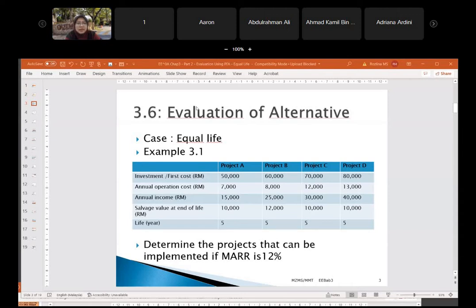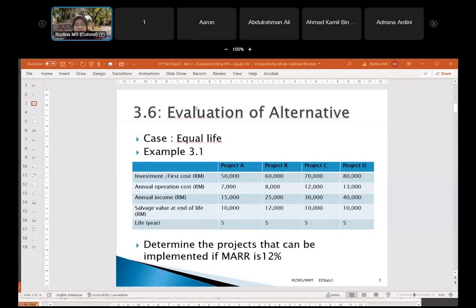Okay, Lim Jin Yang, it is negative A. Idham, maybe correct. Muhammad Zulfadli, yeah, correct, I think.